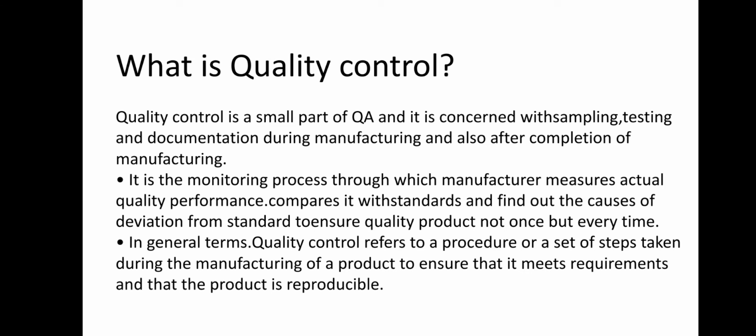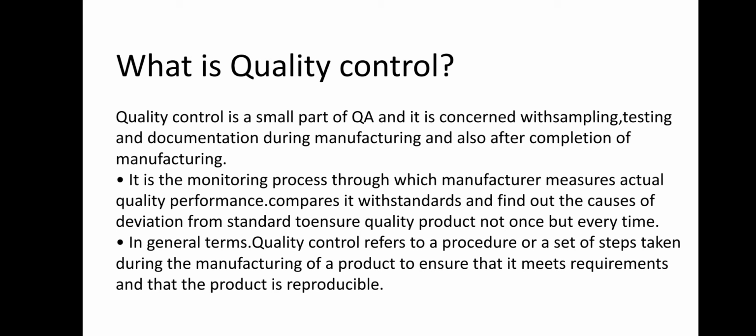What is quality control? Quality control is a small part of quality assurance and it is concerned with sampling, testing, and documentation during manufacturing and also after completion of manufacturing. It is the monitoring process through which the manufacturer measures actual quality performance, compares it with standards, and finds out the causes of deviation from standard to ensure a quality product not once but every time.